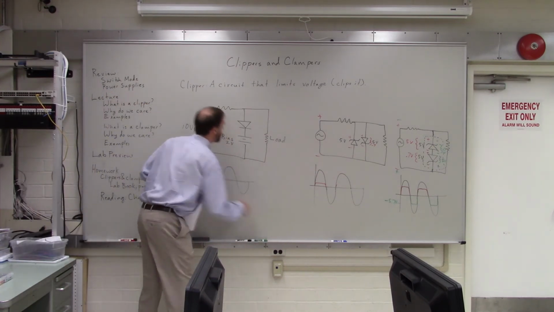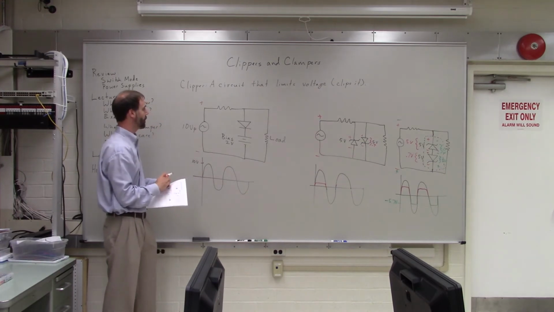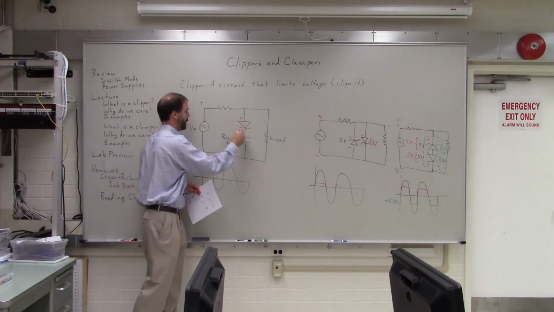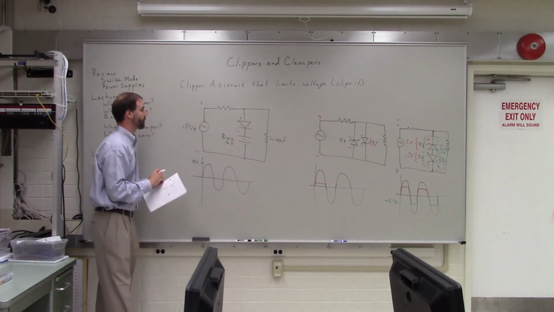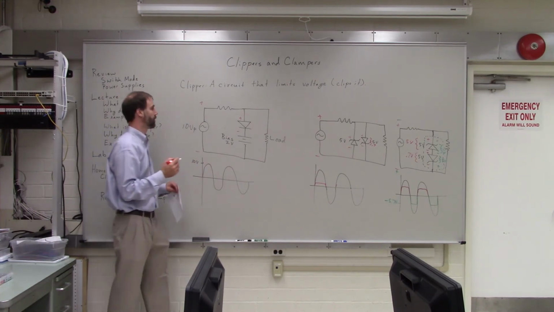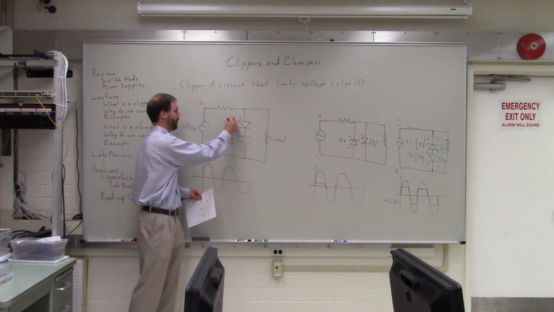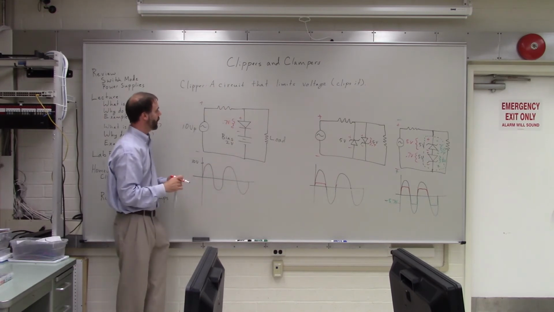So when we have a positive voltage there and a negative voltage there, is the diode forward biased or reverse biased? Forward. Perfect. So how much voltage across it? 0.7 volts. Perfect.